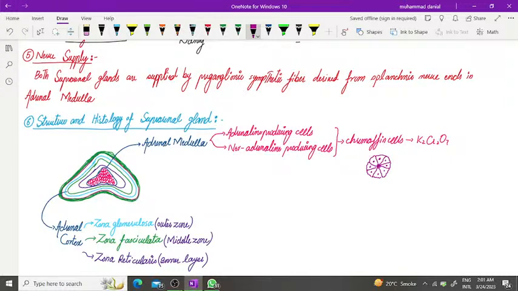Let me draw two more diagrams related to these cells. So these cells are of these shapes.